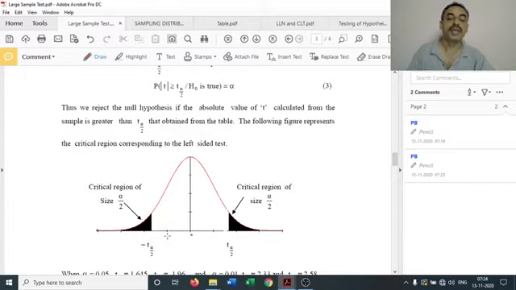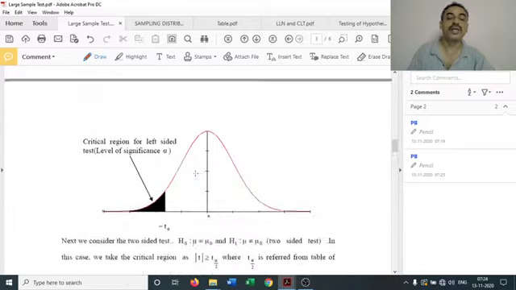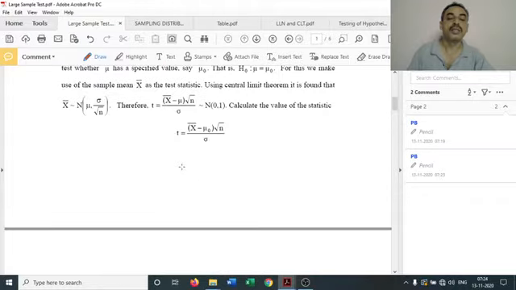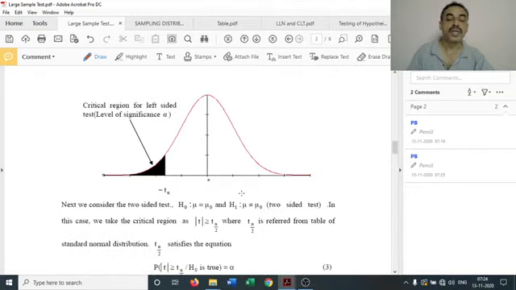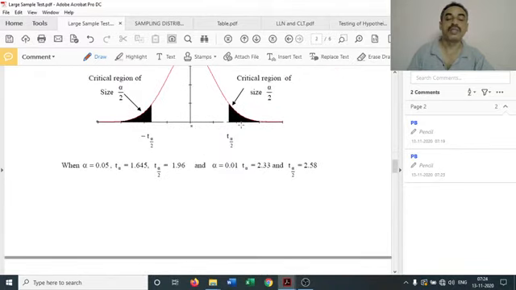We accept the null hypothesis when the value of t calculated using the above equation, that is t equals x bar minus mu 0 root n by sigma, lies between minus t alpha by 2 and plus t alpha by 2, and reject if it is either less than minus t alpha by 2 or greater than t alpha by 2.